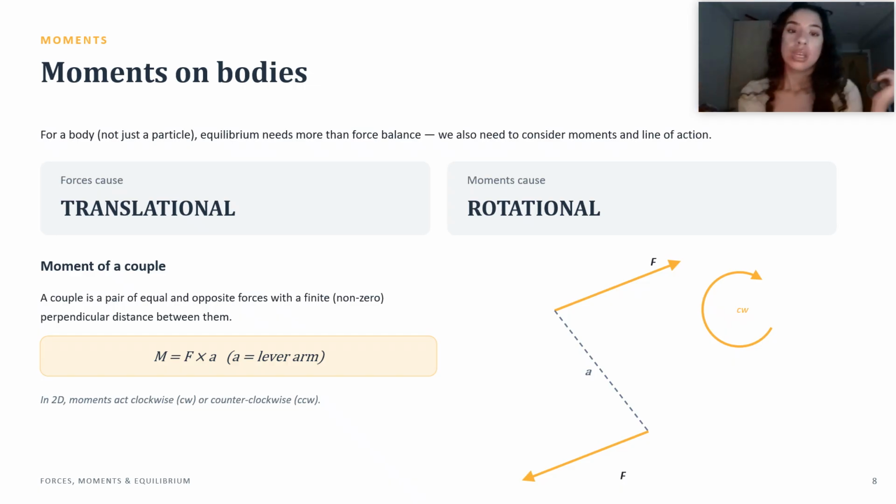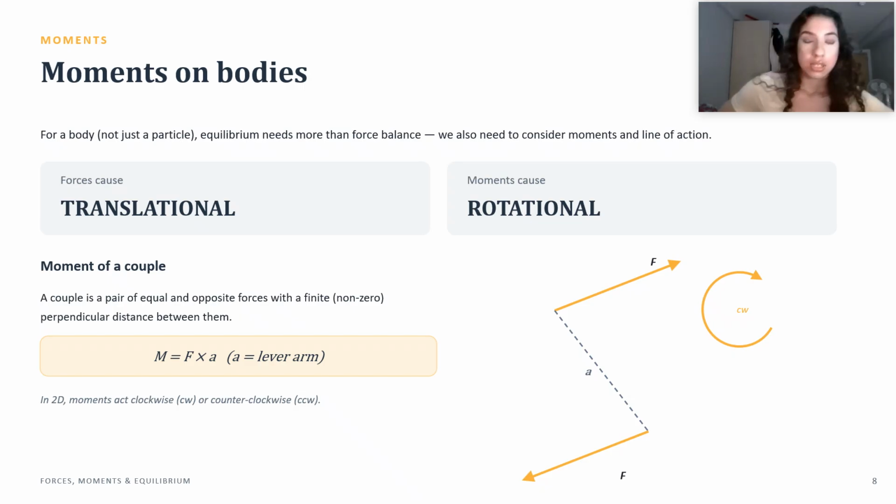So now there are two things we have to remember. First of all, the formula: moment equals the force applied multiplied by the distance between the object and the pivot. Now, the two things.